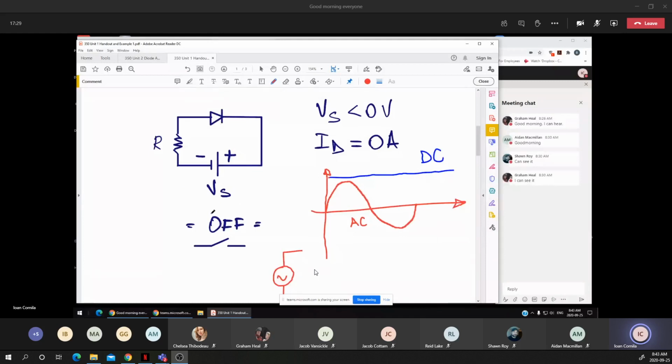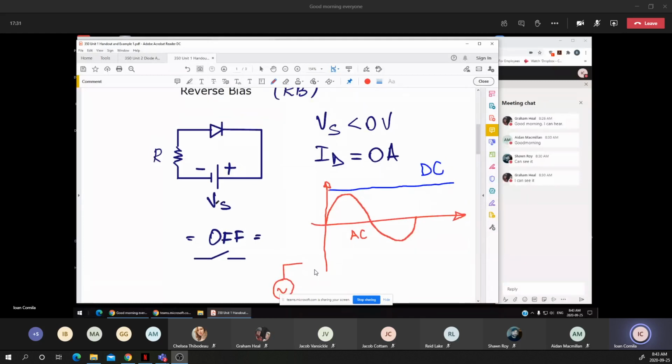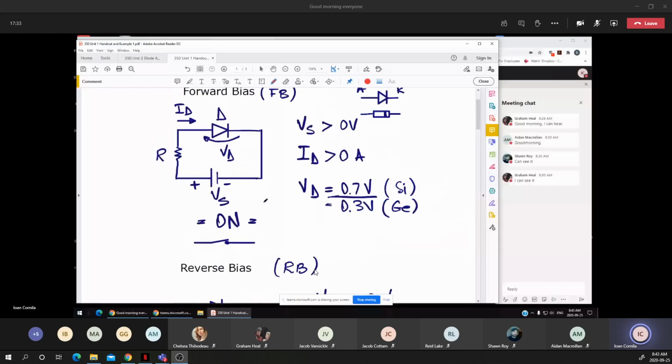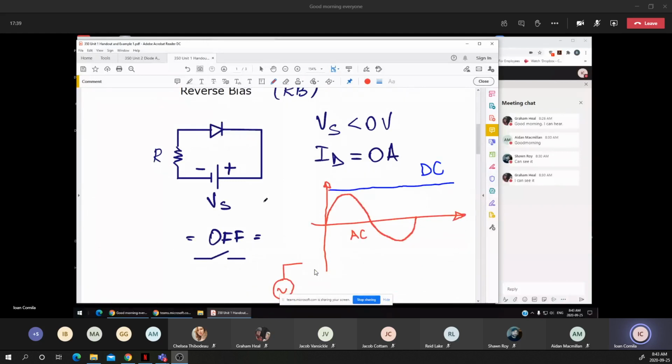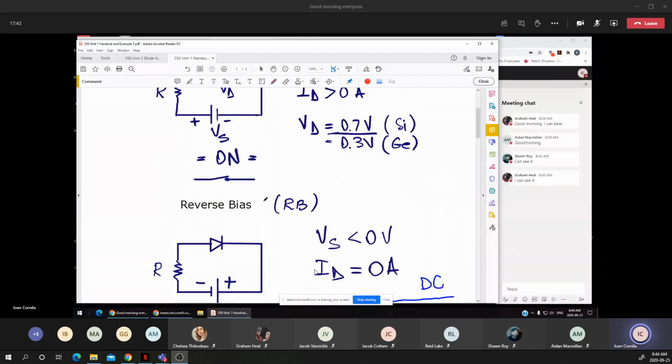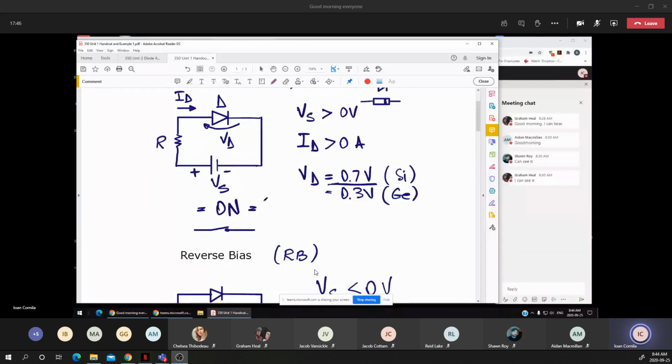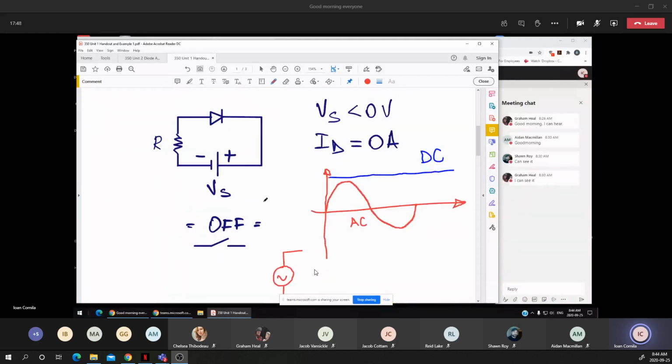It means that I may use this circuit or the other circuit, and the diode may be in forward bias or reverse bias. That's why I started using a DC voltage source for a diode in forward bias and reverse bias.